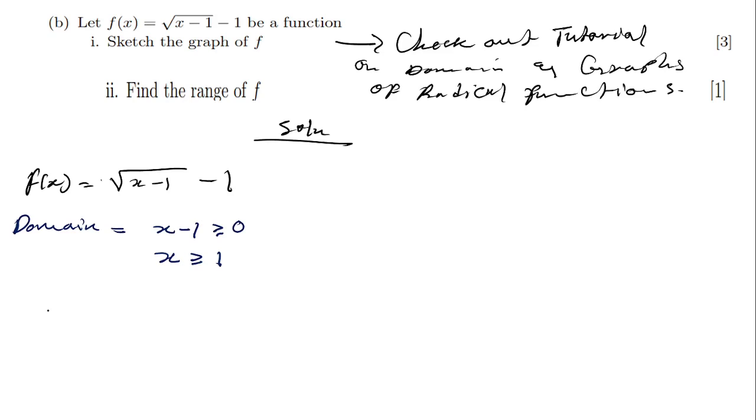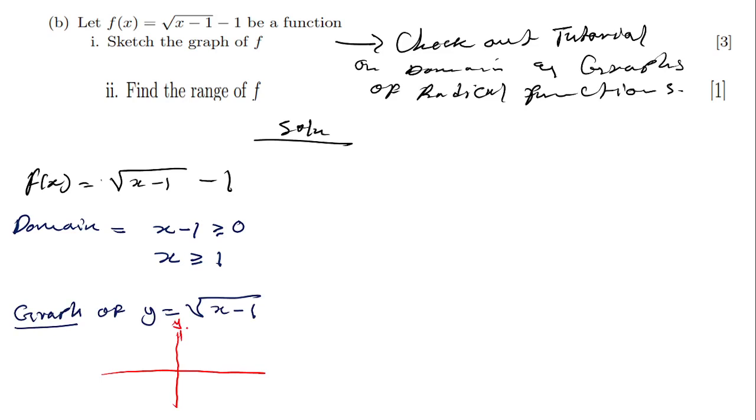Okay, you should check out the classes. You have the y-axis and also the x-axis. For the graph, it will start from 1, then it will go up like that.